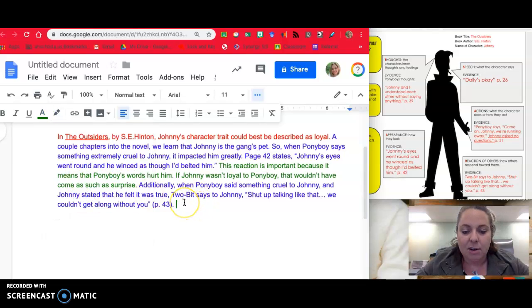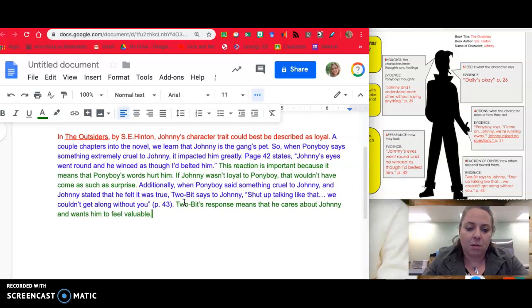So now I'm going to go back to green to explain how this proves that Johnny is loyal. 2-bit's response means that he cares about Johnny and wants him to feel valuable.